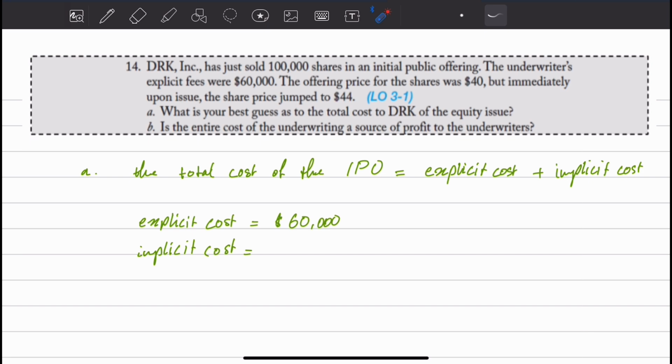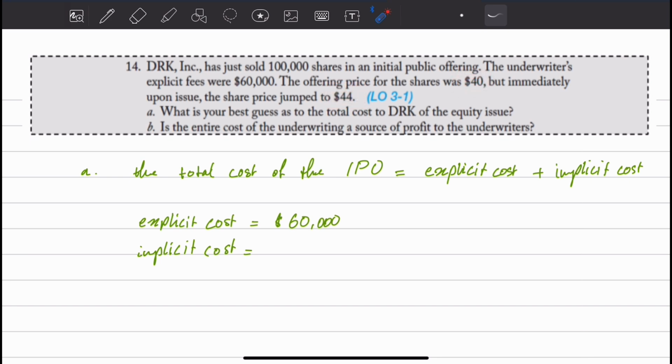So they could have priced the issue at $44 and they would still get all the funding that they were hoping to get. However, because they priced it at $40 only, they have lost the difference, which is $4 per share. This is called underpricing.